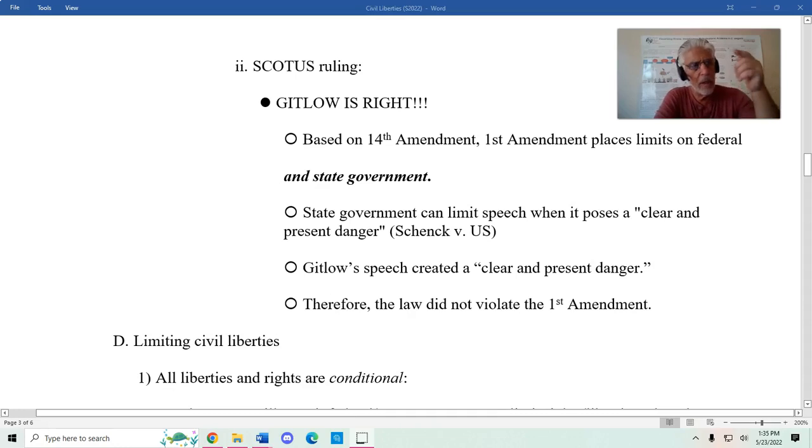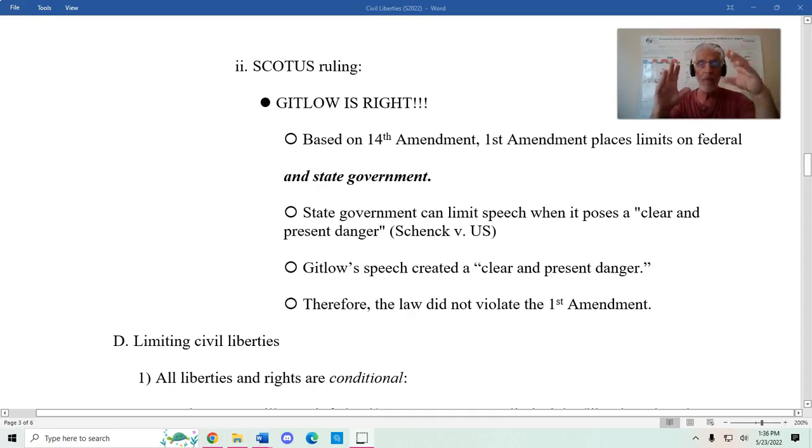They ruled that if states can't limit anybody's rights that they have because they're citizens of the United States, and if the First Amendment guarantees citizens of the United States freedom of speech, then a state can't limit that either. Makes sense. Perfectly logical argument. They said Gillow was right.